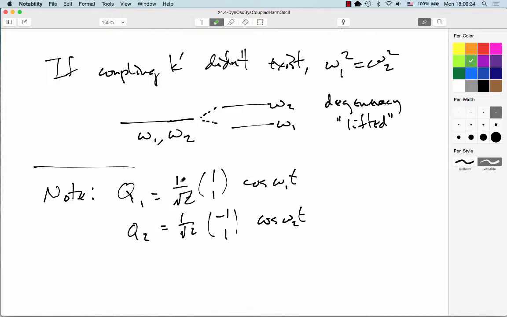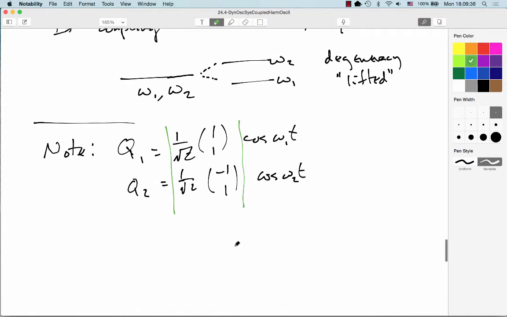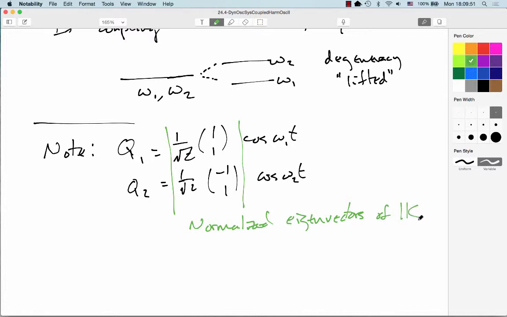Let's look right here. These guys here are the normalized eigenvectors of K. So if you couldn't immediately intuit what the symmetries were, we could still get it. You can write your K matrix, and then you can just go ahead and find the eigenvectors.